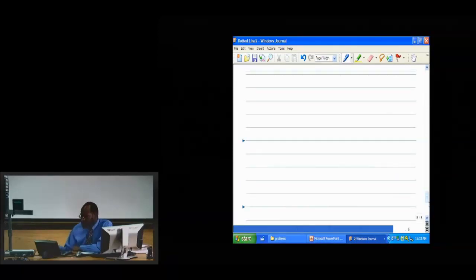And what this states is as follows. Let's have some definitions. Well, let's just talk about it in words first.